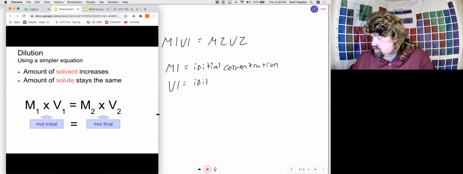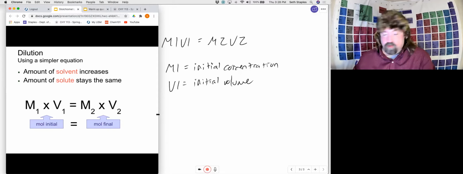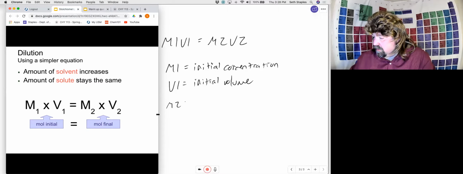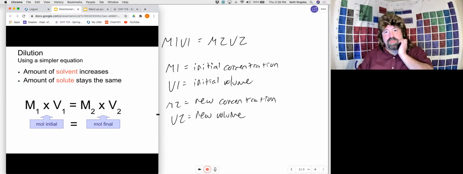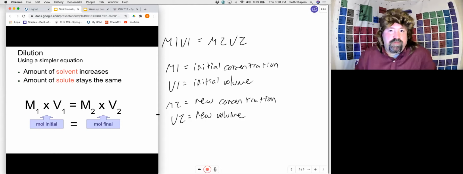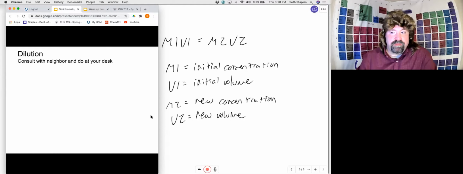V1 equals the initial volume of that first solution. M2 is the new concentration of your new solution. And V2 is the new volume. And like any sort of formula like this, as long as you know 3 of these variables, you can find the other one. And that's the way that we would typically use this.